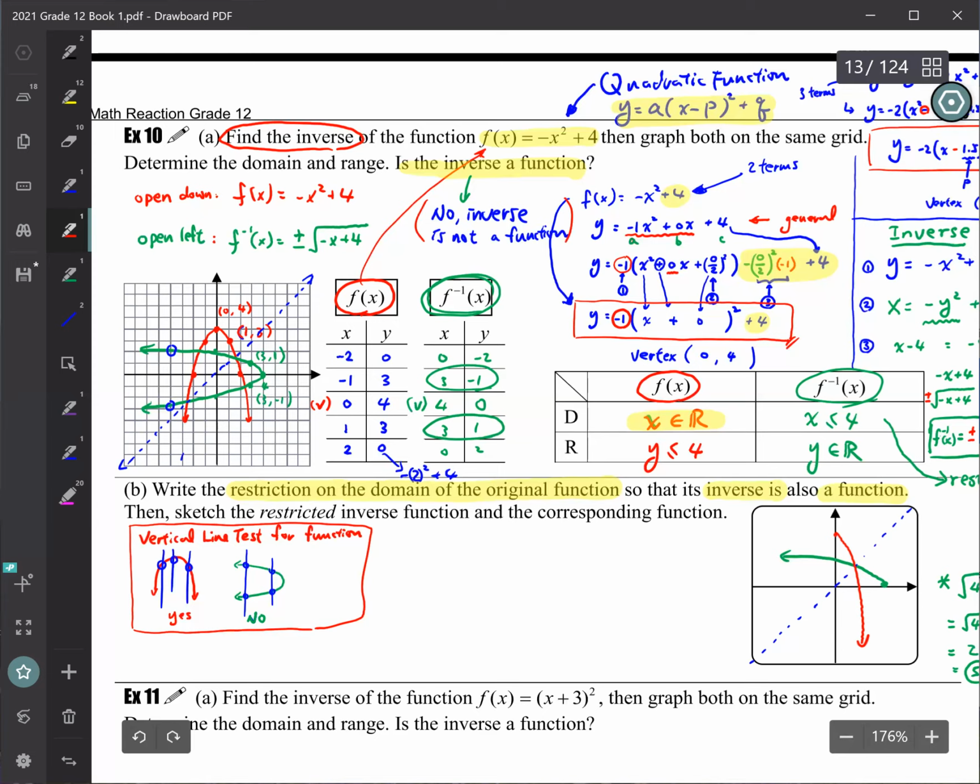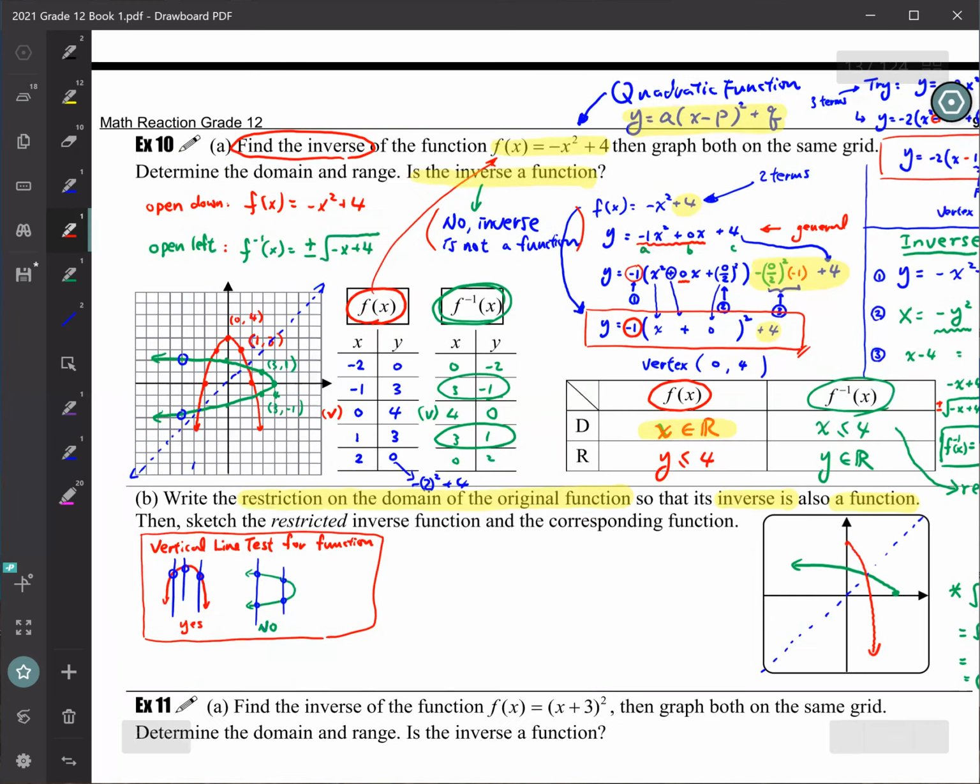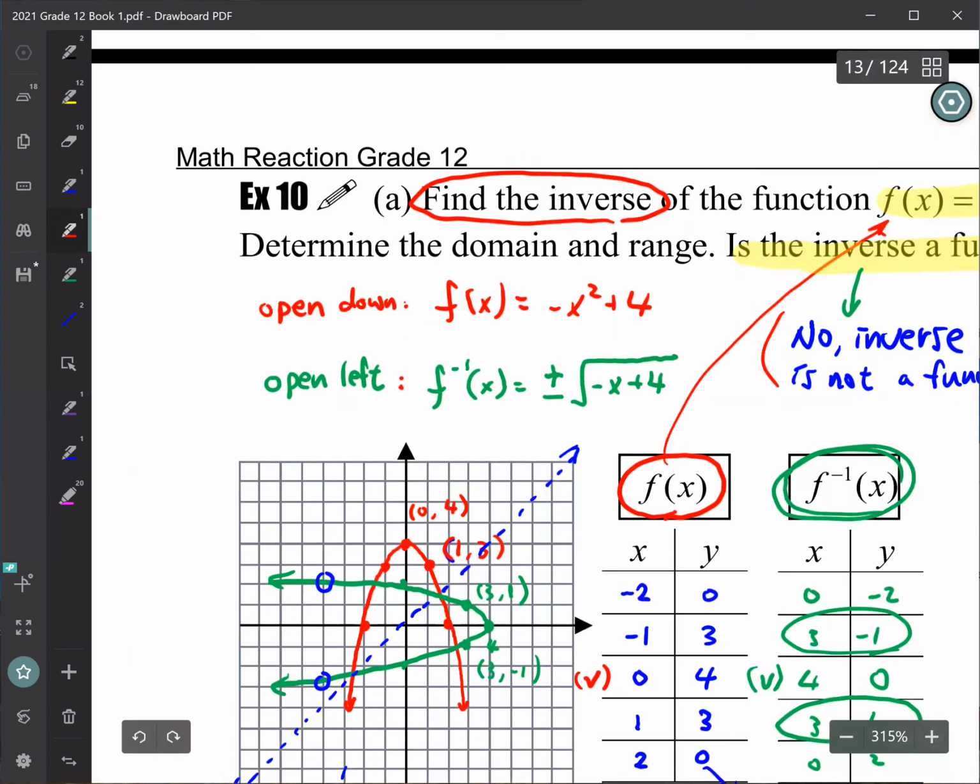Or you can just remember the positive side will be the inverse of the positive side. The top means positive, going up is positive. Going to the right is also positive. Just remember, like when we talked about open up, open down, open left, open right, down is negative and left is also negative.